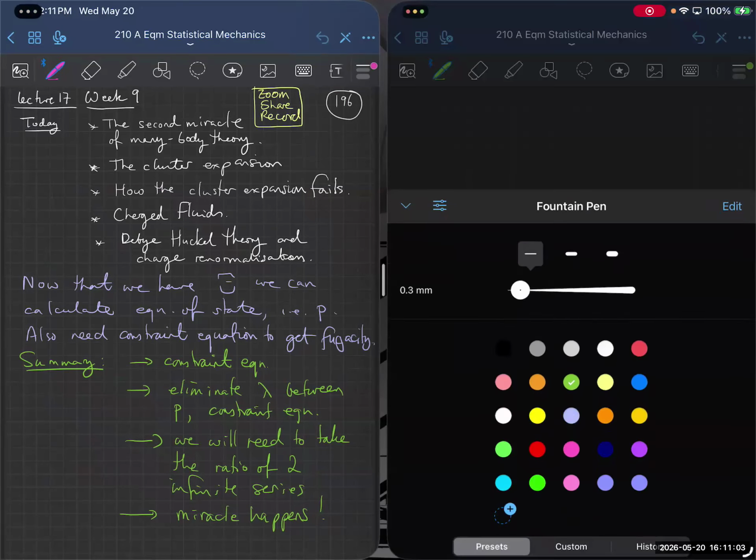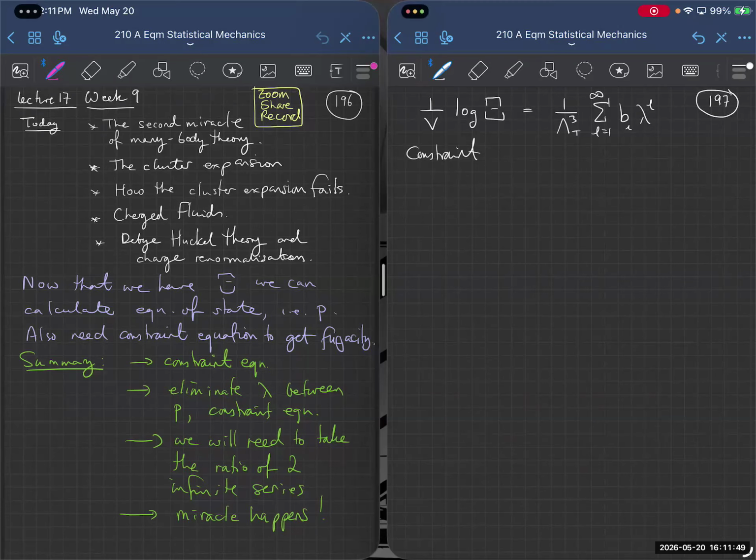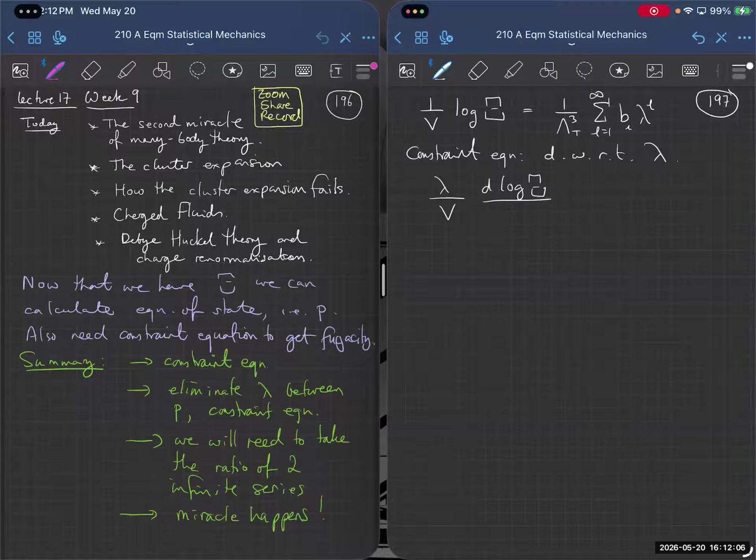And then if I differentiate with respect to the fugacity lambda, I get the constraint equation: lambda over v d log of chi by d lambda is then just 1 over lambda_T cubed times the sum over L of L B_L lambda to the L. Okay, so that's that.